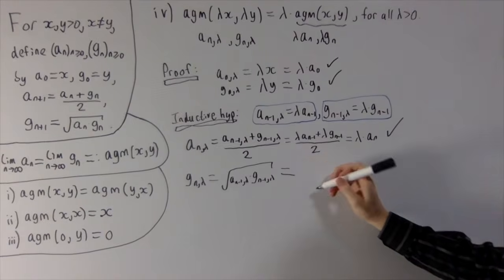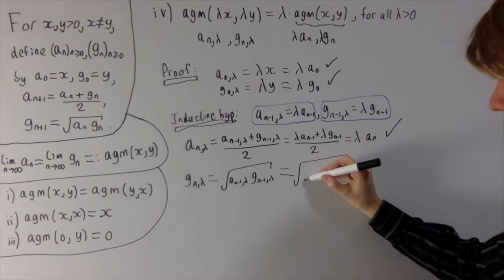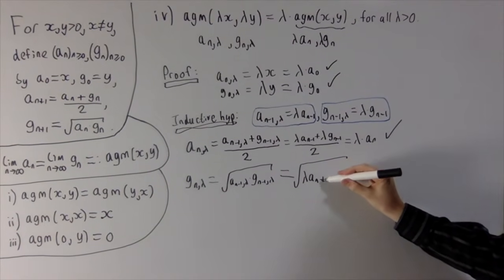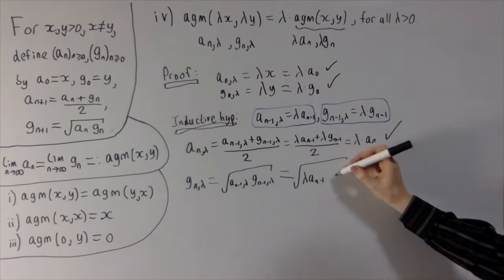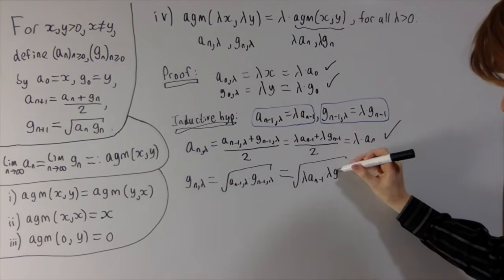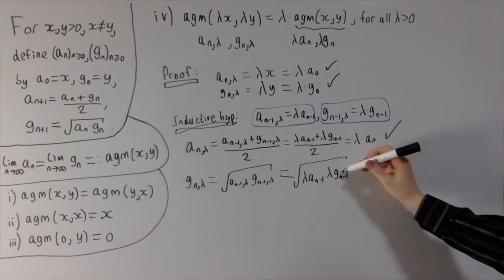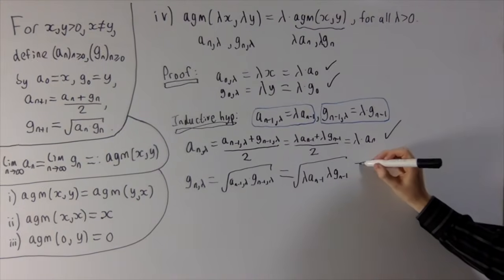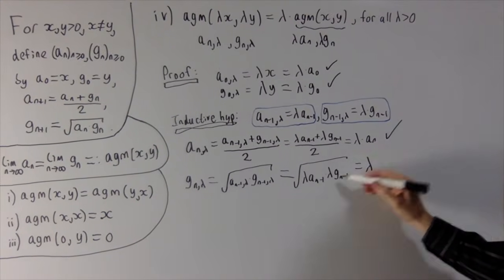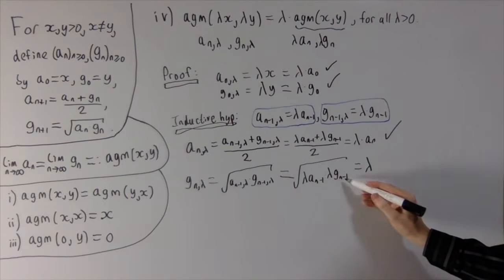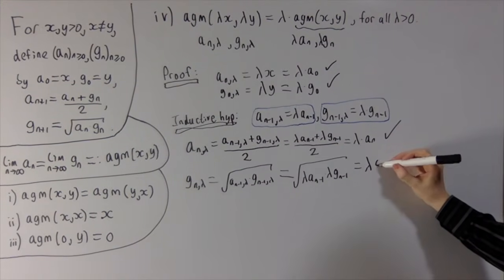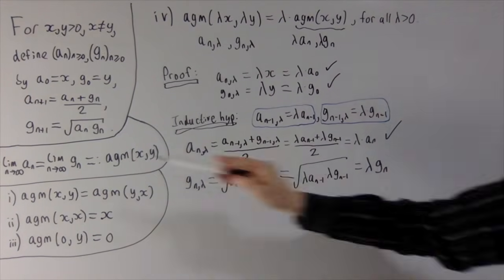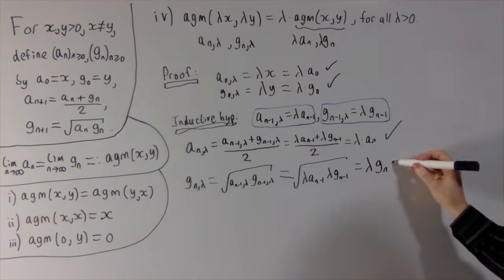But then we know from the inductive hypothesis we can write this as the square root of lambda a_{n-1}, where now this a_{n-1} corresponds to the original sequence, just x and y, and multiply this by lambda g_{n-1}, taking this from the g sequence for the original. Then we've got the square root of lambda squared, and take out a factor of lambda. This is lambda times the root of a_{n-1} times g_{n-1}, which is of course g_n for this original sequence, using the definition of where the next term comes from.